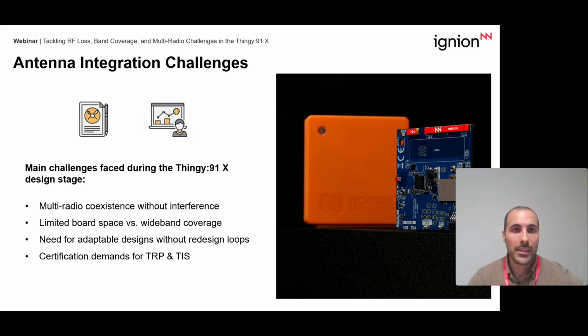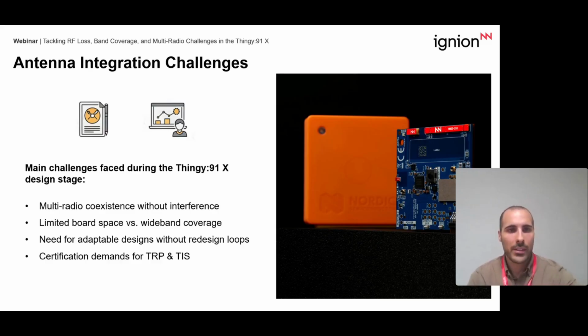This is essential for global deployment. In the end, finding the right balance between performance, flexibility, size, and compliance defines the main challenges in modern wireless designs, as these were exactly the ones we faced during the Thingy91X antenna integration.